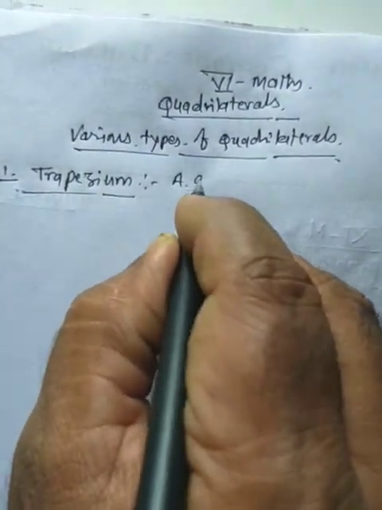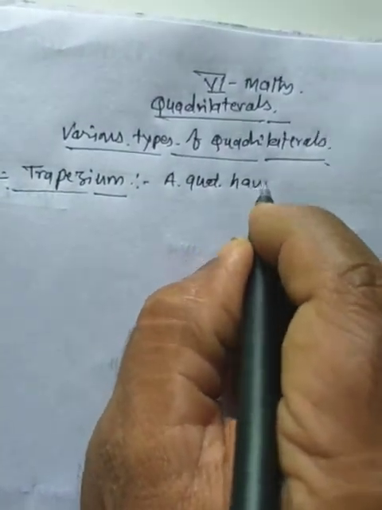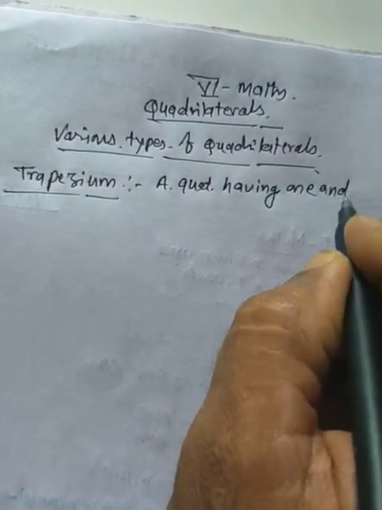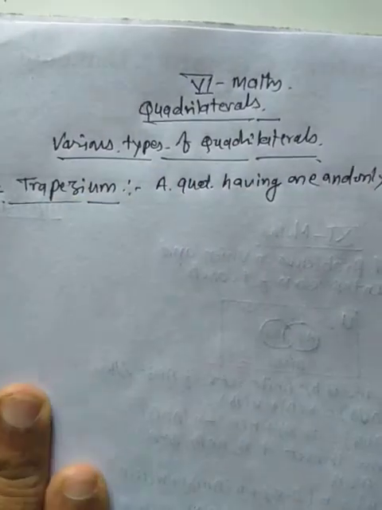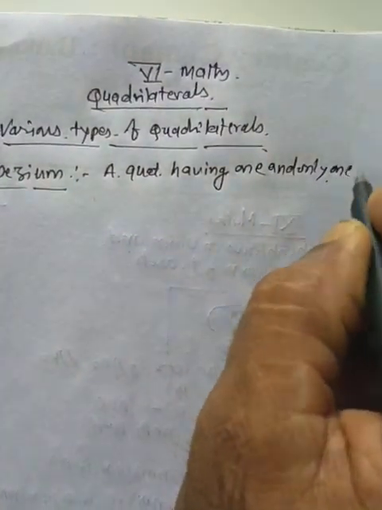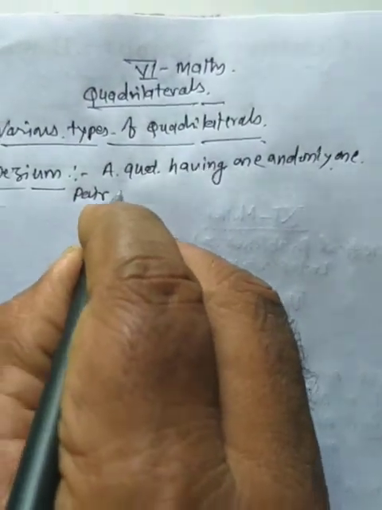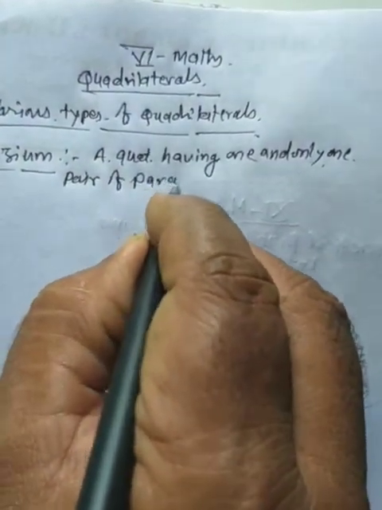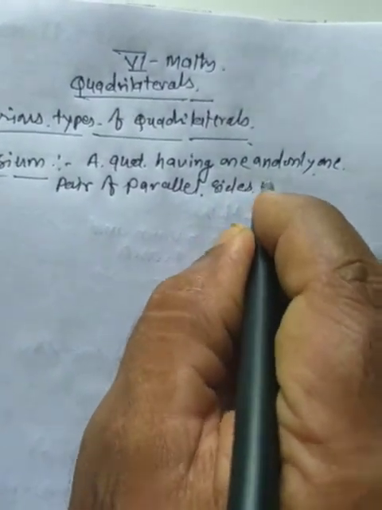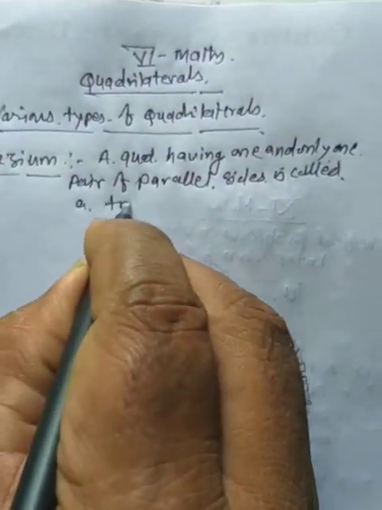A quadrilateral having one and only one pair of parallel sides is called a trapezium.